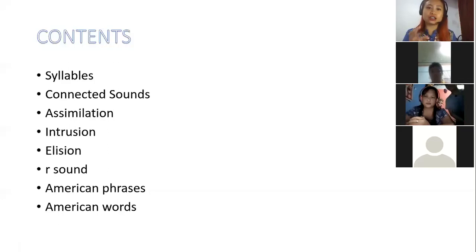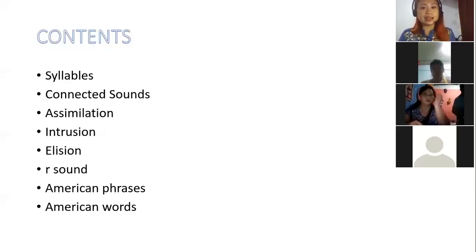So P and H makes the F sound. This is unvoiced. I will tell you about that later. And lastly are the American words. You will sound like a real American speaker, even though you're not an American speaker, if you know exactly the American words. You may be using English, but you're probably using other words, not American words.